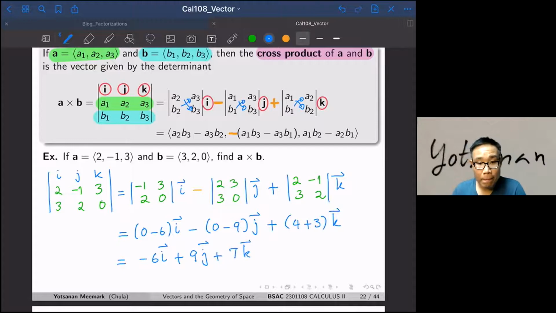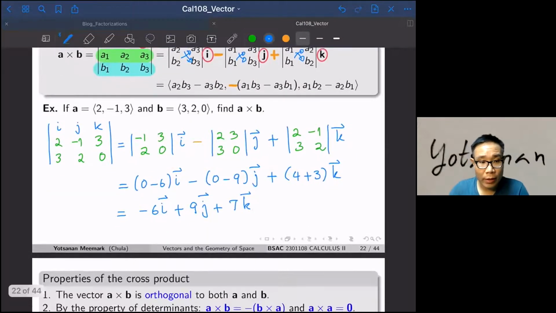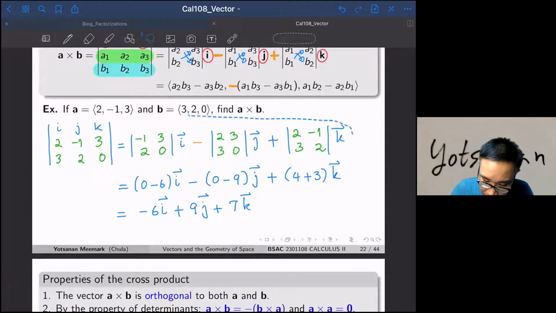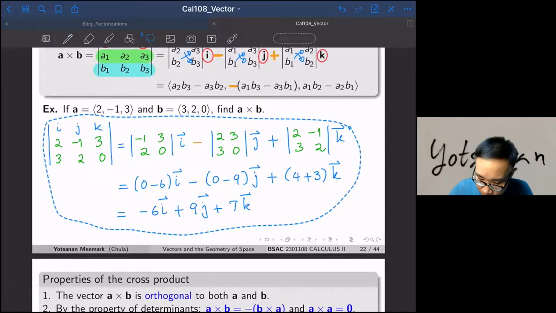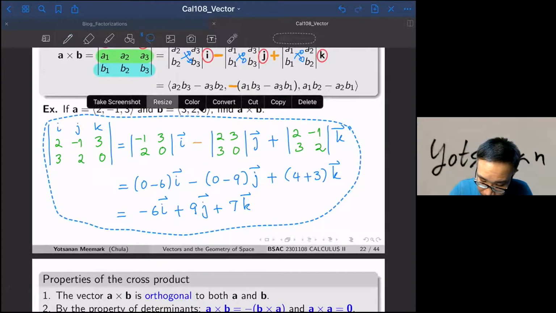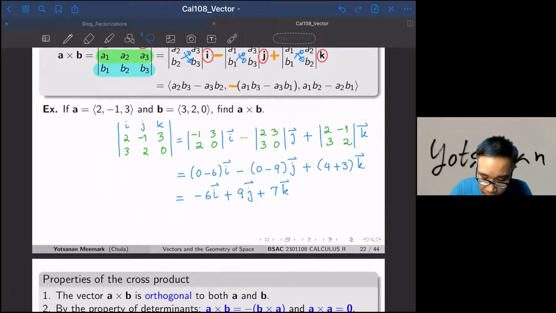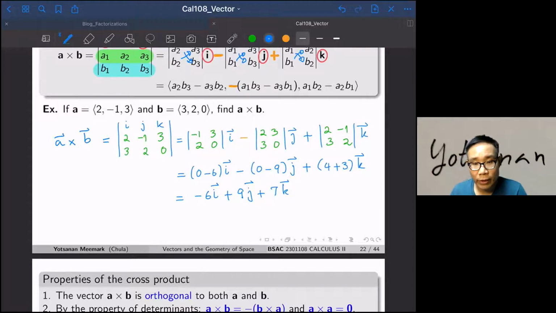Okay. So this will be the vector A cross B. Okay, so it's gonna give you A cross B. Okay, so it's gonna be this vector.